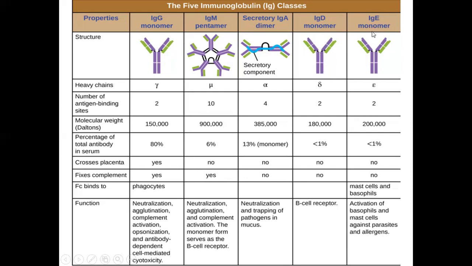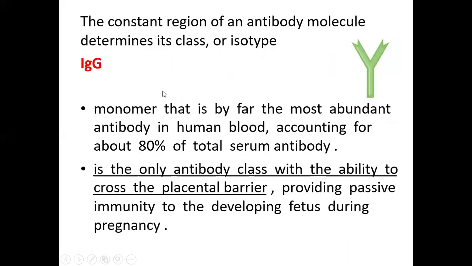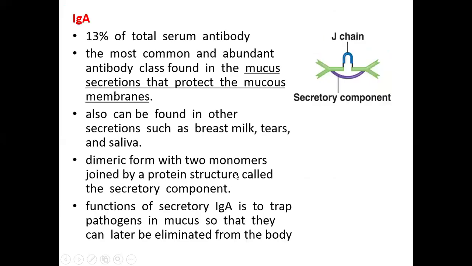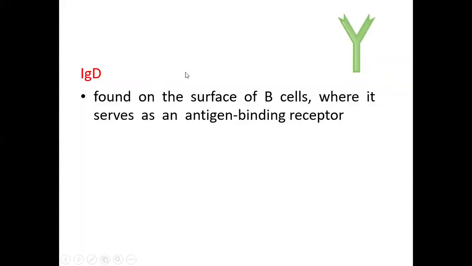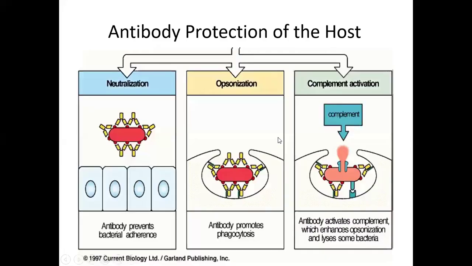Immunoglobulin E is a monomer, and they activate basophils and mast cells, and they are active against parasites like protozoa and nematodes, and also immunoglobulin E takes part in allergic reaction. Okay, so we can see more about each of these immunoglobulins.